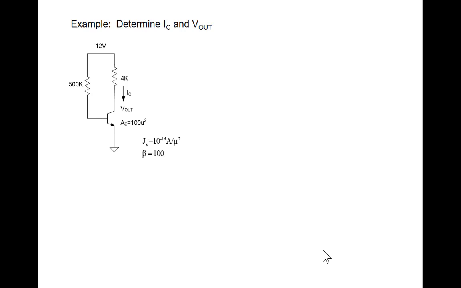And I'm going to try to get by with the simplest model that I can in the forward active region. In the forward active region, we said the simplest model we have was a 0.6 voltage source and a collector current that was equal to beta times the base current.